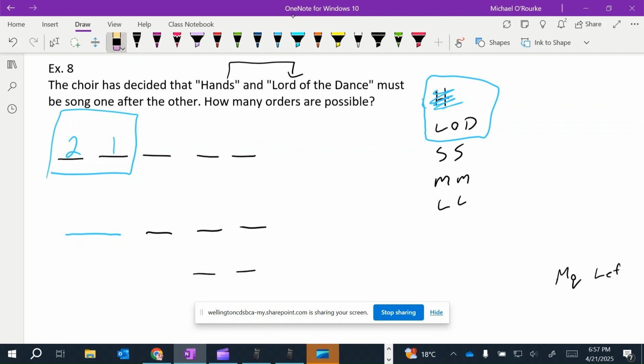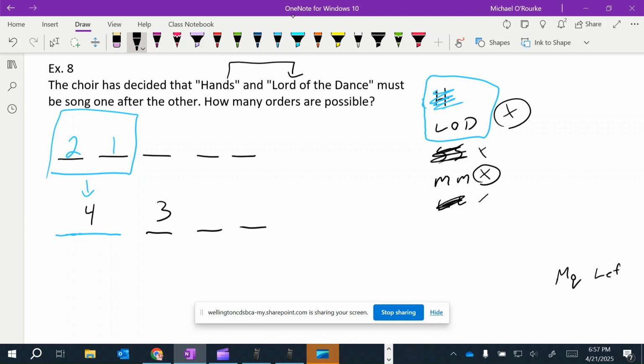And the way we handle this is, now we're going to treat this set of 2 as one big song. As one song. So now, if you look at it, we have 1, 2, 3, 4 options of where it could go. And let's say we use LL first. Now I have 3 options left. Let's say I use SS.